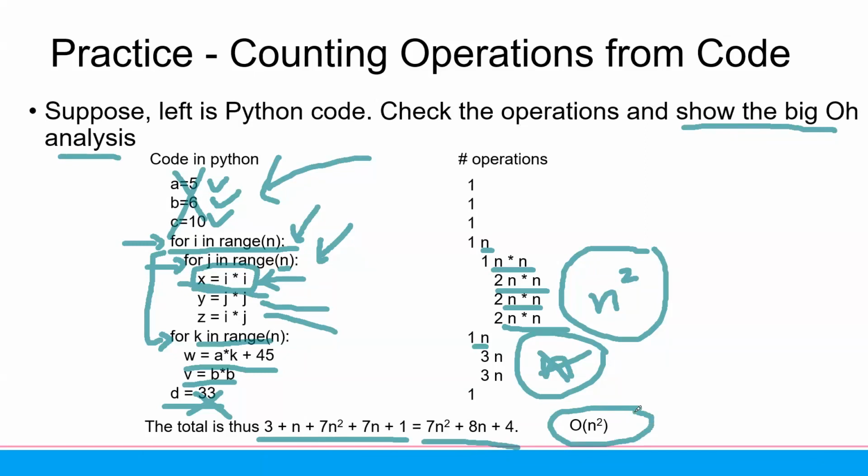That will be enough, because sometimes you may have different things about the operations. As we learned before, the lower term can be dropped, and the constant can be dropped. So why do we need to consider those for the big O analysis?